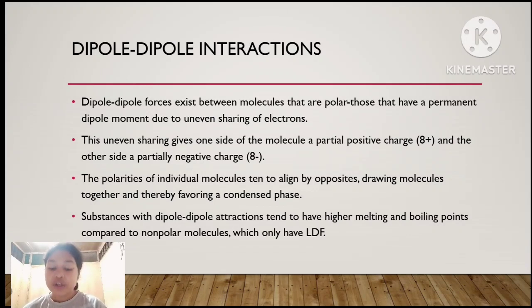Therefore, it has a dipole. That is why polar molecules like water experience dipole-dipole forces.